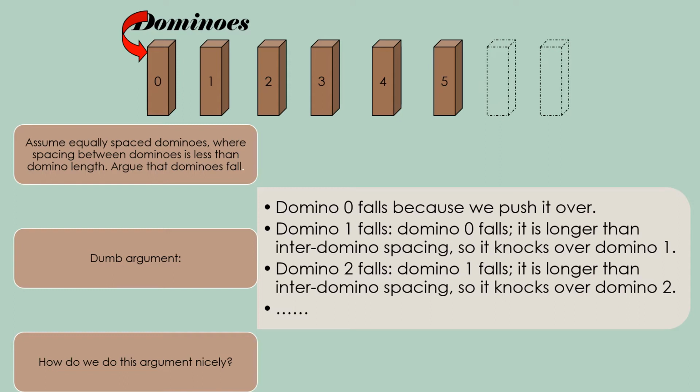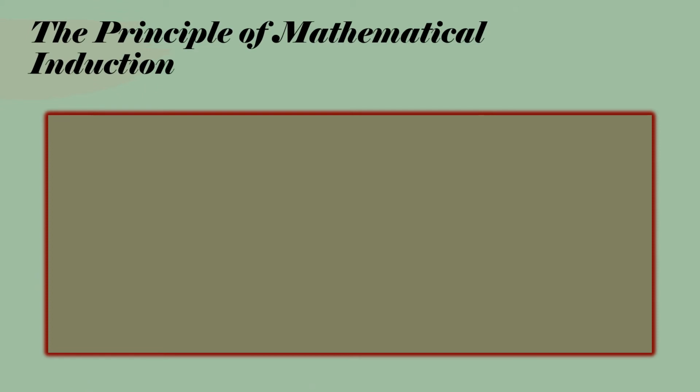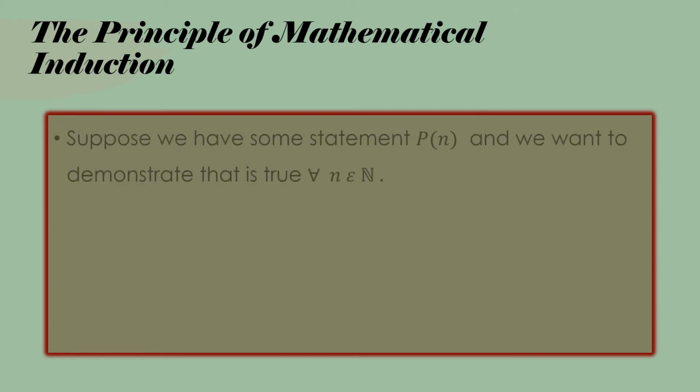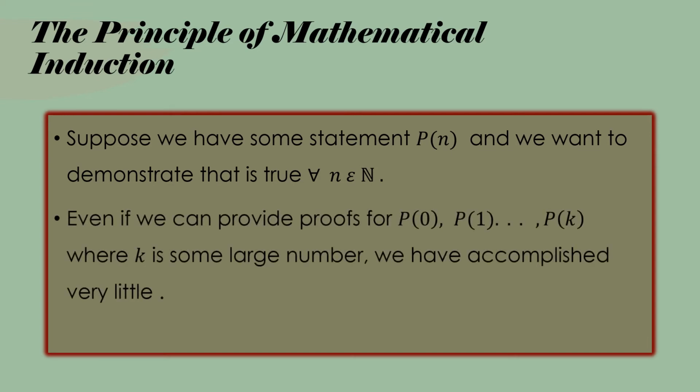So how do we argue this using the principle of mathematical induction? We know that the principle of mathematical induction is that we have to assume the result P(n) is true. If we try to prove it for each case 0, 1, 2, etc. up to k, we cannot complete the whole thing if k is quite large.